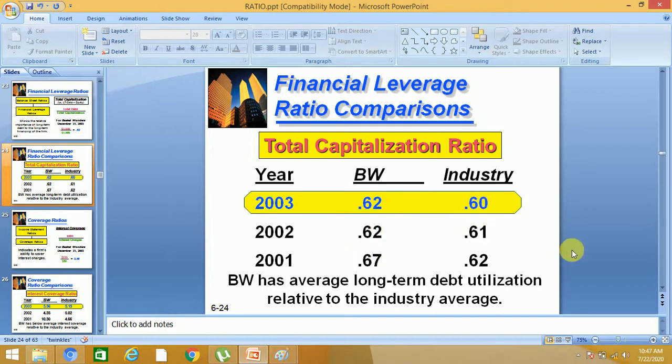There is not that much big difference. Basket Wonder has average long-term debt utilization relative to the industry average. Means our debt utilization and industry debt utilization are about the same.